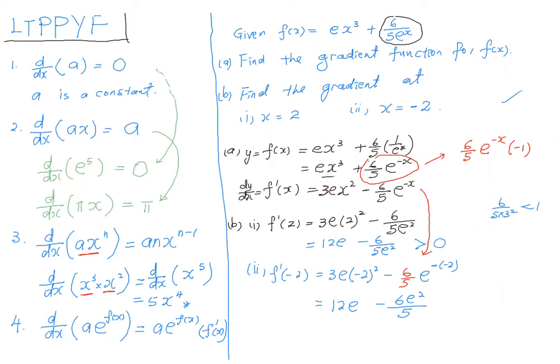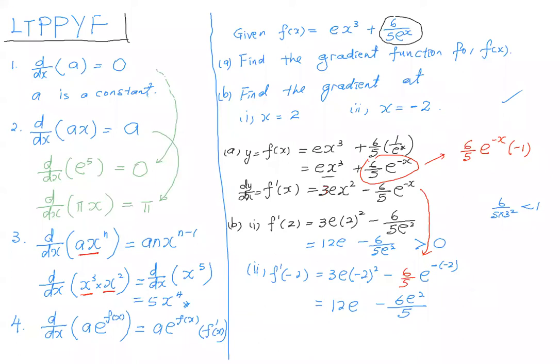Without using a calculator. Positive, Miss. Positive. Yeah. Okay, how do you know it's positive? 12 minus around 6e squared is around 54, divided by 5 is 10 point something. Yeah. 12 minus 10 is positive.